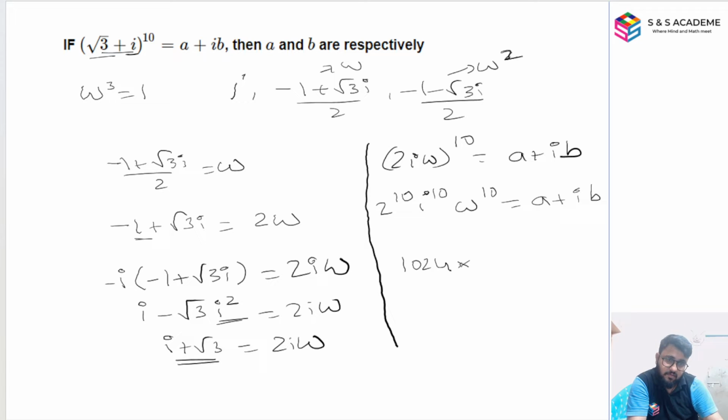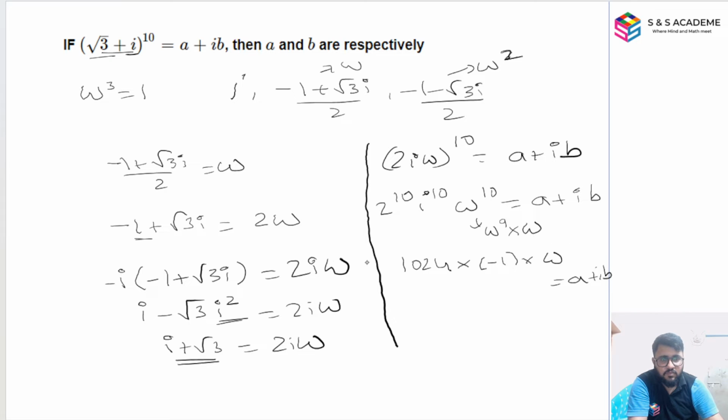We know that i power 10 is actually i power 4 into i power 4 into i power 2, or just i power 8 into i squared, which will give me minus 1. And omega power 10, we know all powers of multiples of 3 of omega give us 1, so this can be written as omega power 9 into omega. So this will essentially be omega, and this is equal to a plus ib.